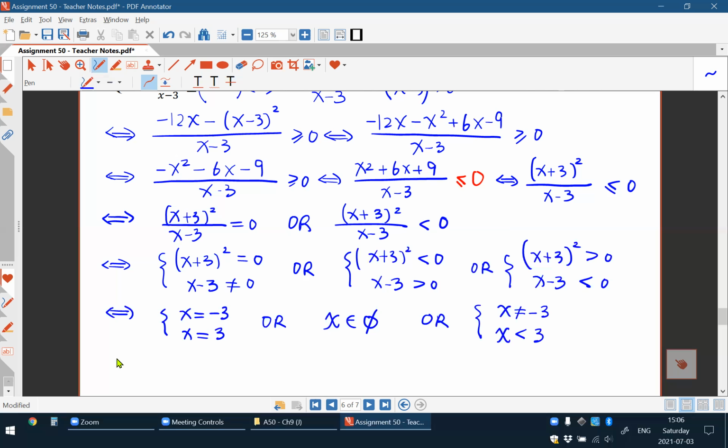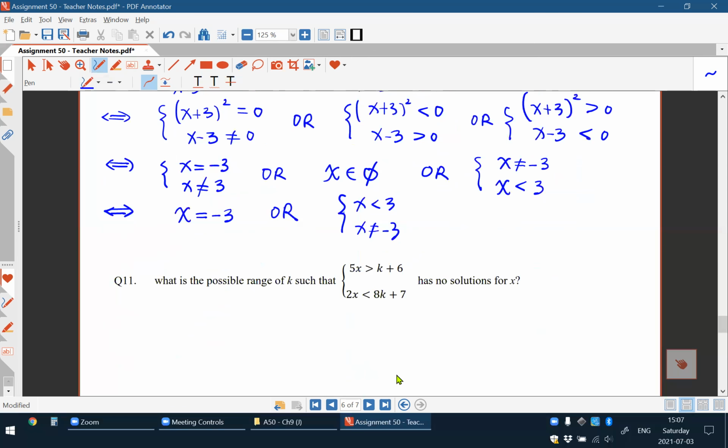All right, so let's combine these solutions. First of all, this should be an equality sign here. First of all, x must be minus 3, or x belongs to an empty set. You can just leave out the empty set because there are no numbers in there. Or x smaller than 3 and x cannot be 3.